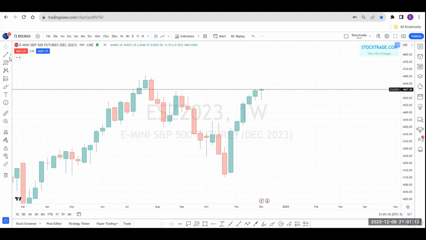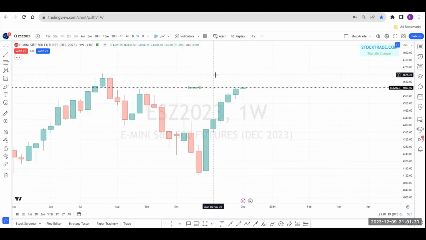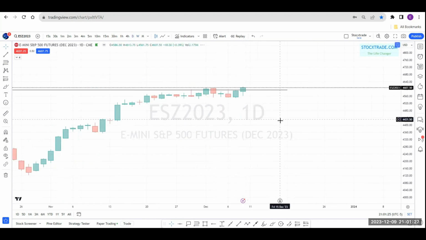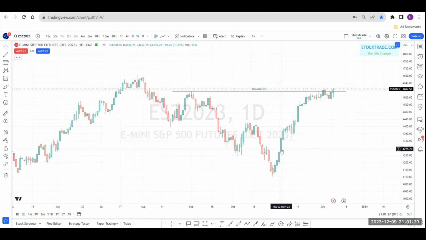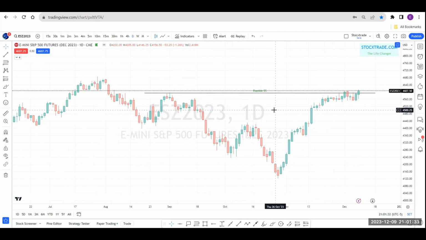The market is going in the same direction. The market tried to hit this liquidity, internal liquidity, buy side liquidity. Yes, it hit. Nothing will happen. But if you are doing day trading, yes, obviously there will be some spikes, and those spikes will hit the stop loss.